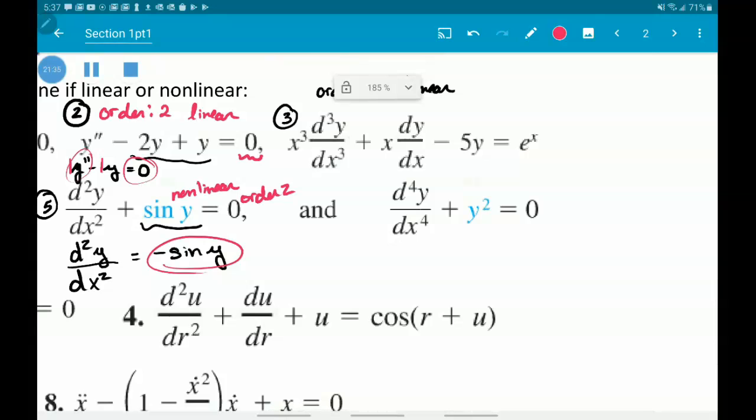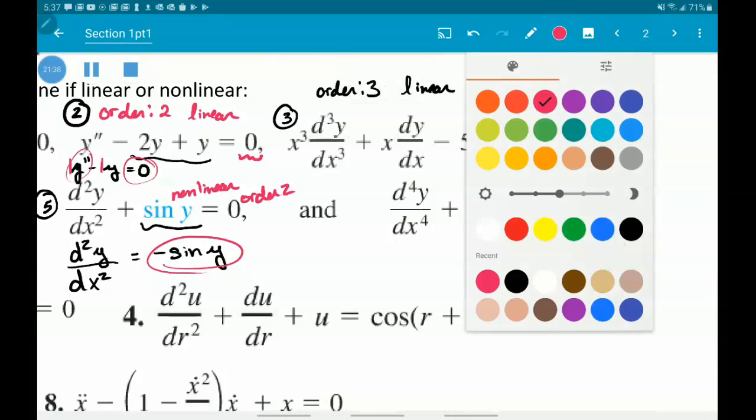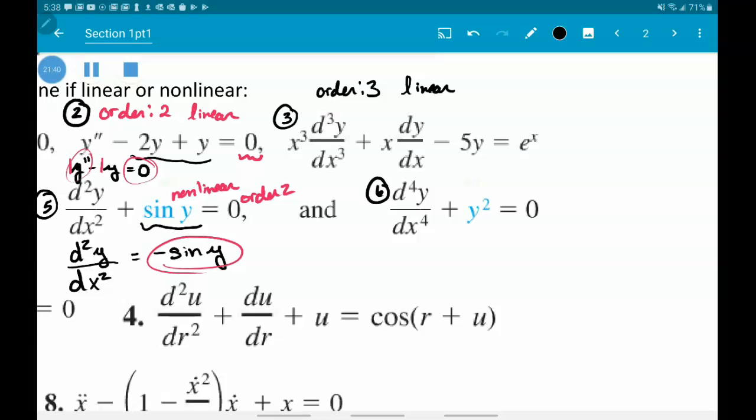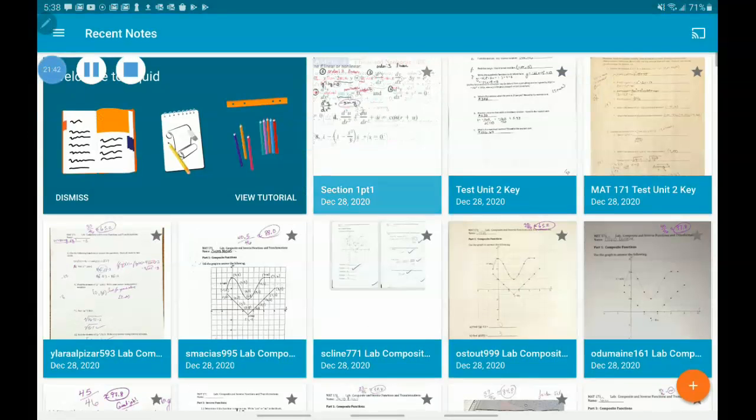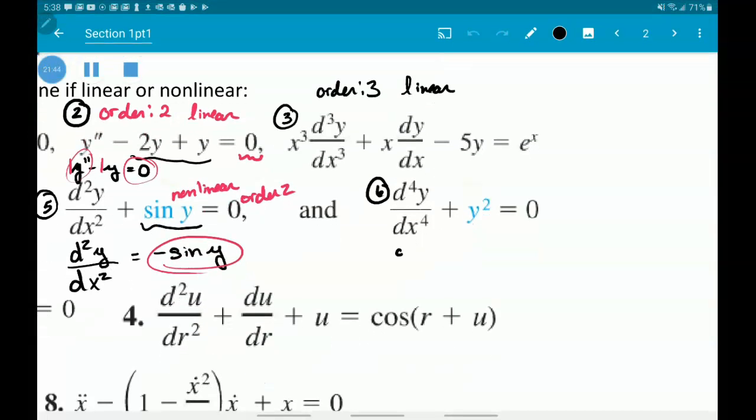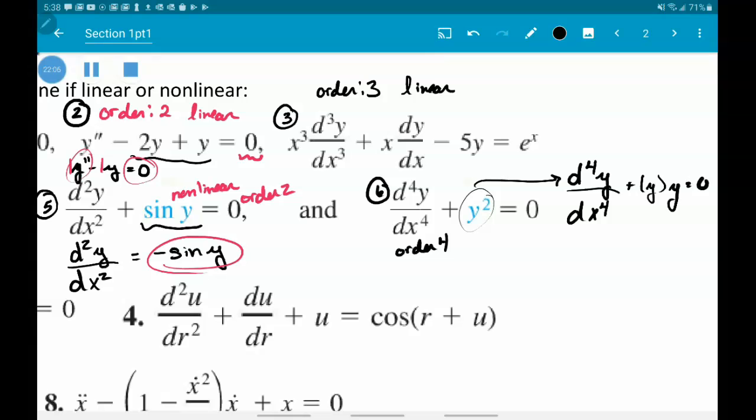And then if we look at this next one, number 6. This is a fourth order because we have a fourth derivative. But once again, we have an issue right here. We could think about this as y times y.